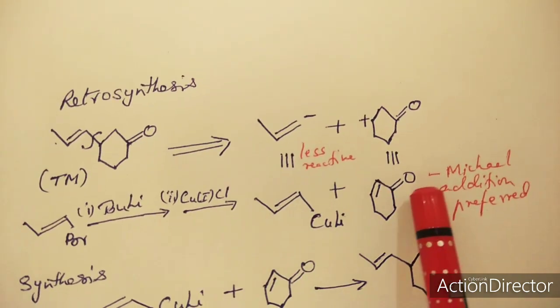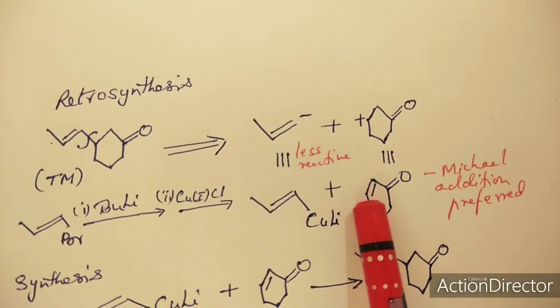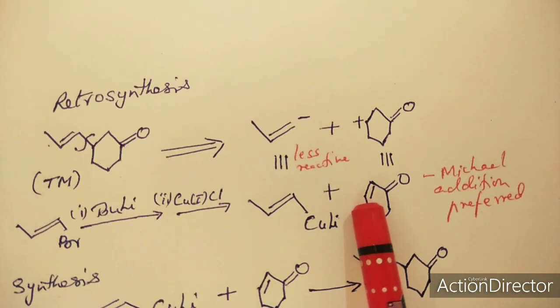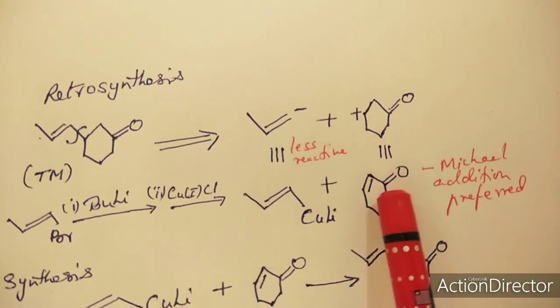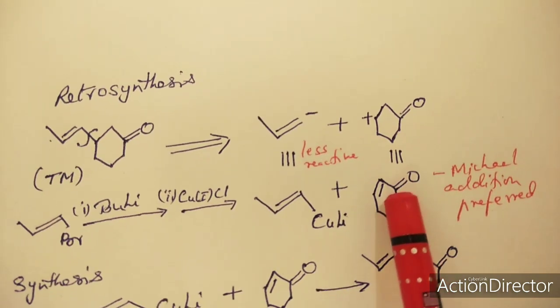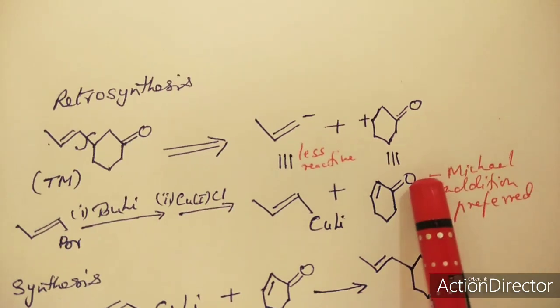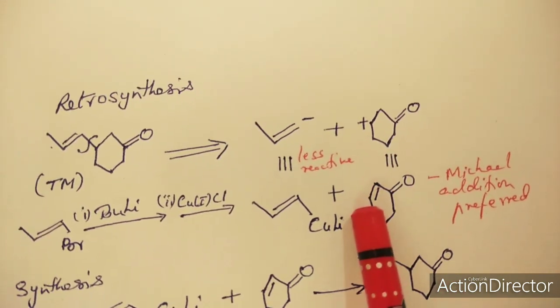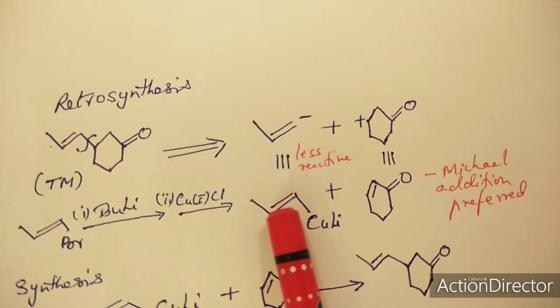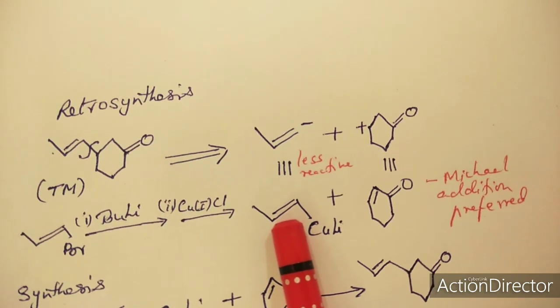Thermodynamic product means not the 1,2, but it will attack the carbon double bond carbon, so Michael addition will be preferred, isn't it? Because this is 1, 2, 3, 4. So rather than a 1,2 addition at a carbonyl, we will be getting a 1,4 addition at this carbon double bond carbon, because this is a stable carbanion.